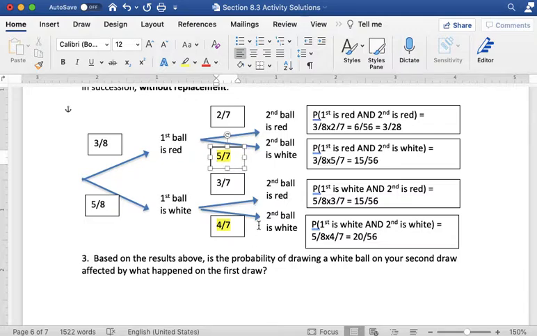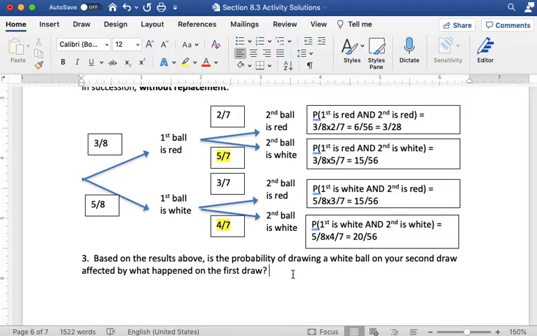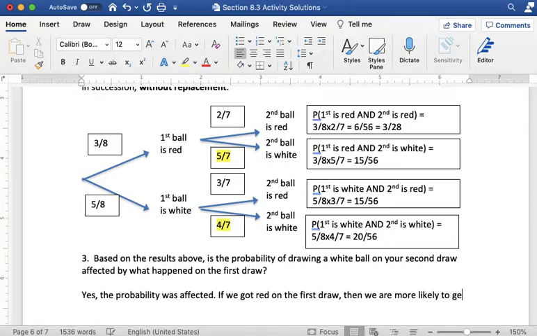So these are different probabilities. So that means that yes, the probability of drawing a white ball was affected by what happened on the first draw. If we got red on the first draw, then we are more likely to get white on the second draw.